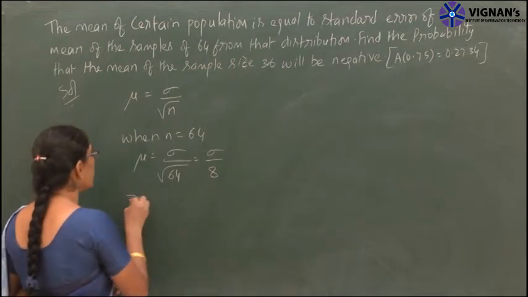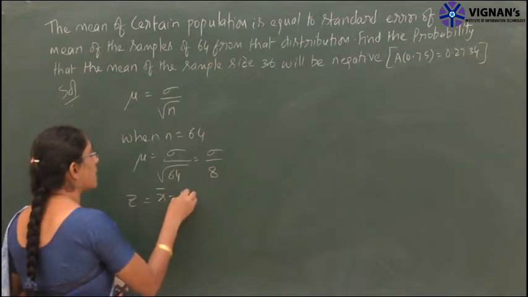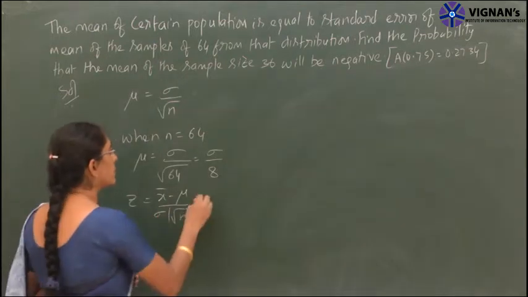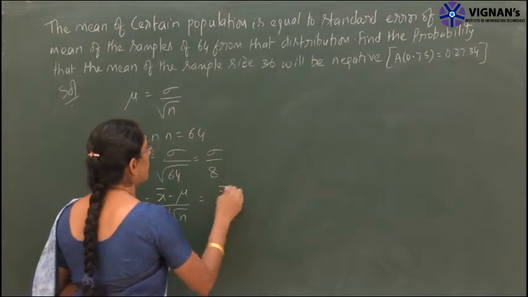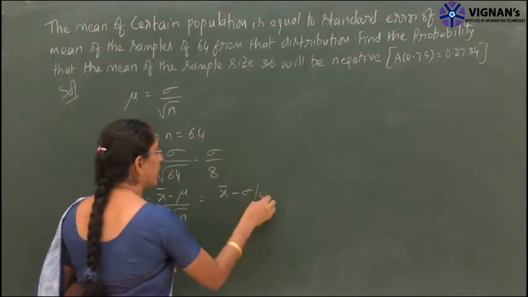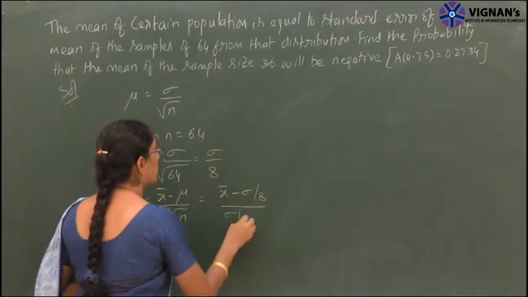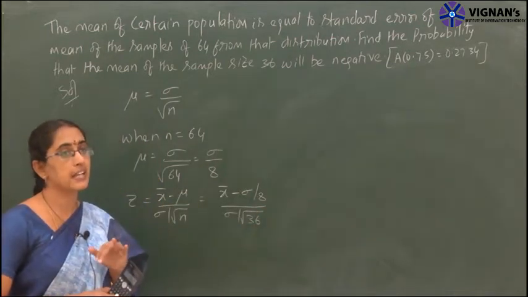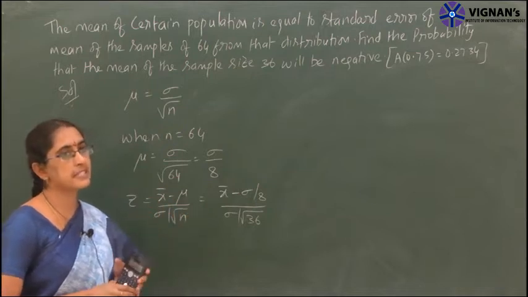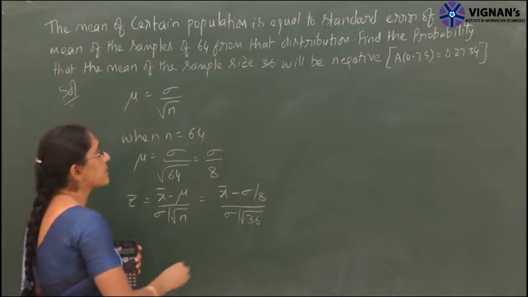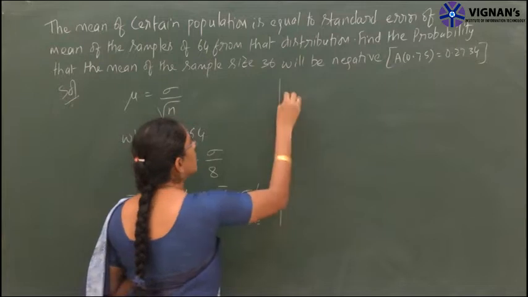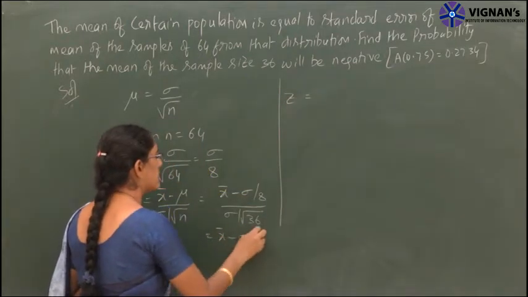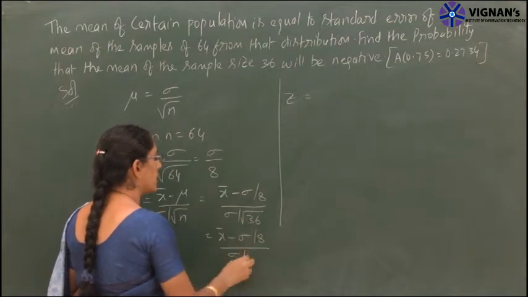So we know that z equals x bar minus mu by sigma by root n here. So this becomes x bar minus mu, which is sigma by 8, and sigma by root 36, because we have to find the probability of x bar less than 0 when the sample size is 36. So if we simplify, z equals x bar minus sigma by 8, divided by sigma by 6.